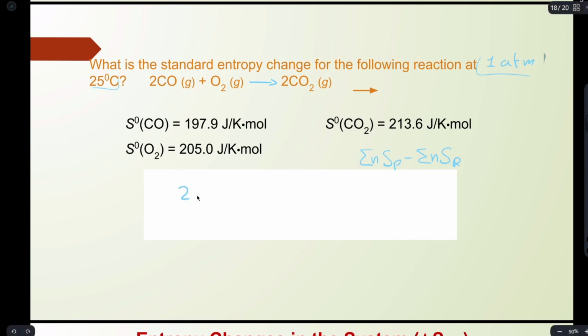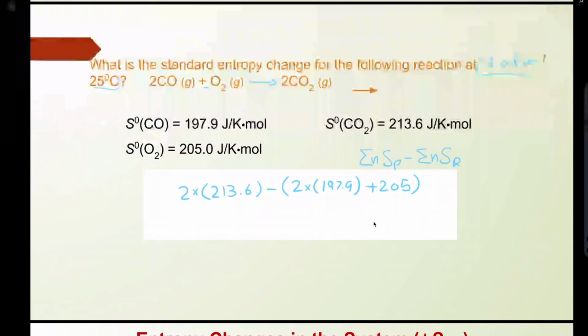You will get 2 multiplied by the S value of CO2, which is 213.6, minus the sum of the 2 multiplied by the S value of CO, carbon monoxide, plus the S value of O2, which since it has no coefficient, we can just input that as is, which is 205.